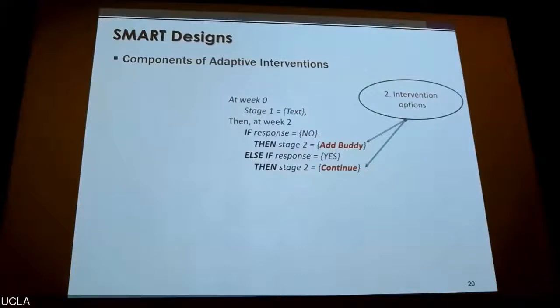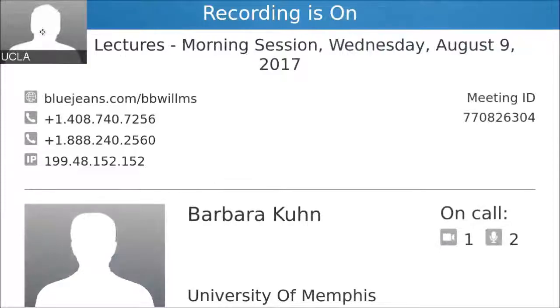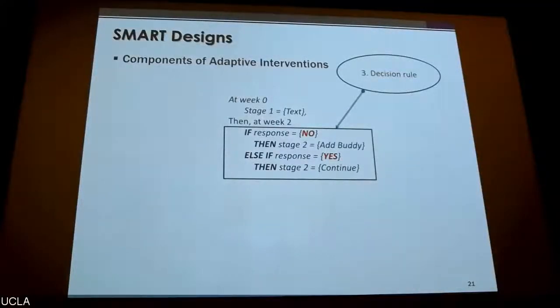The third element is the decision rule. So basically, all this is the decision rule. But the decision rule links information about the participant, the tailoring variable, to intervention options. The decision rule specifies the conditions in which we need to do certain things, in which we need to provide different intervention options. So see what's happening here?